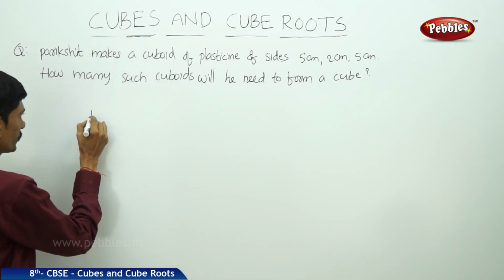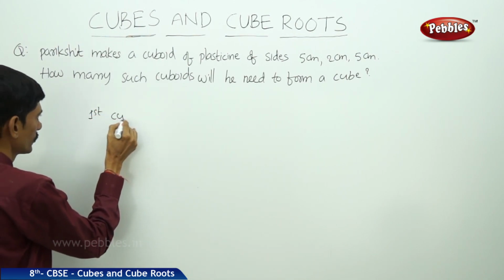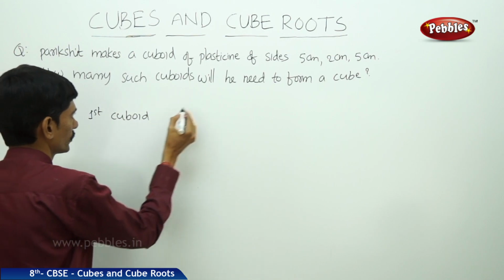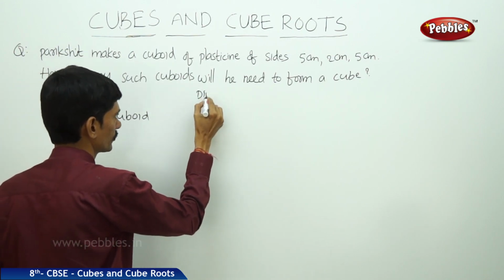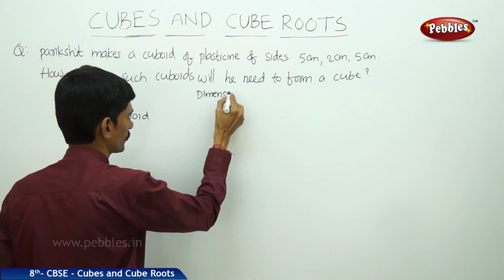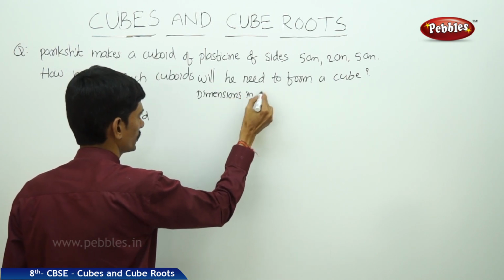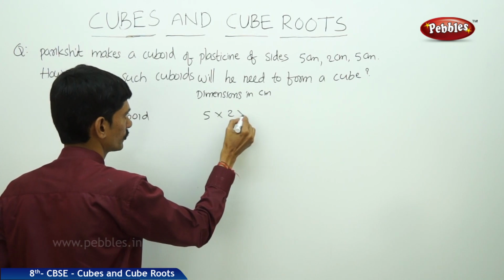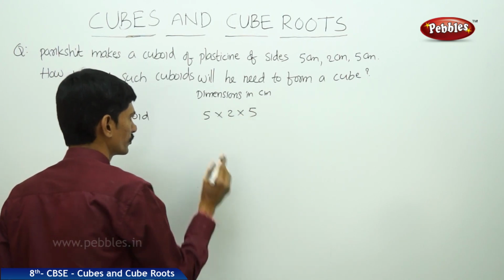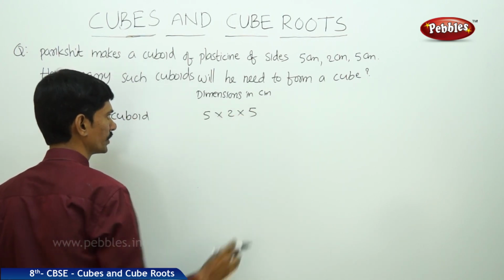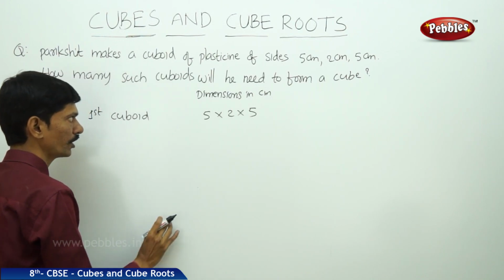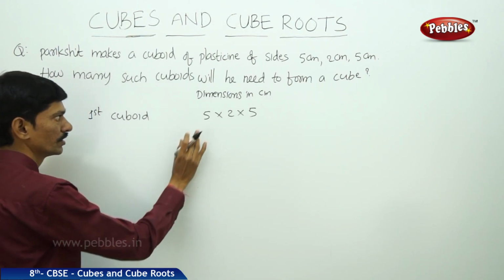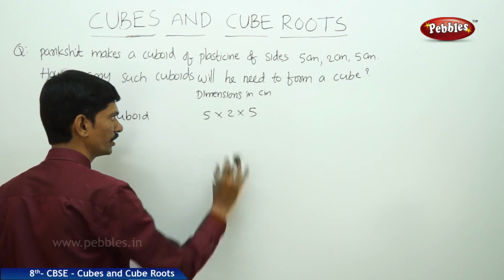If you take the first cuboid, the dimensions in centimeters are 5 into 2 into 5. So 5 2s are 10, 10 5s are 50 centimeter cube is the volume of the first cuboid, but it is not forming any cube.